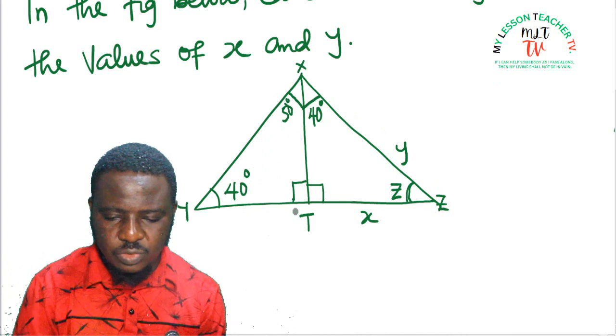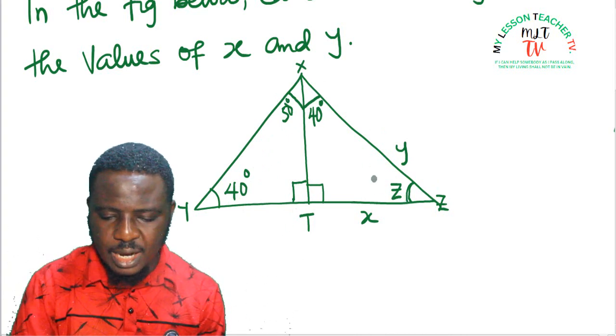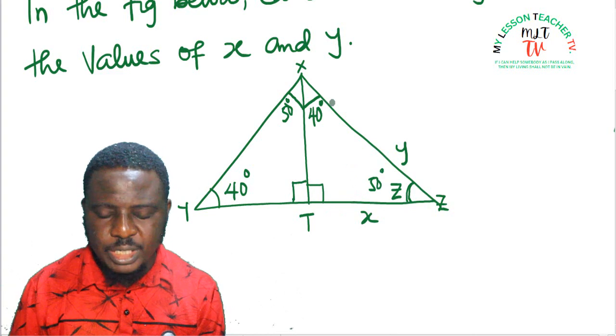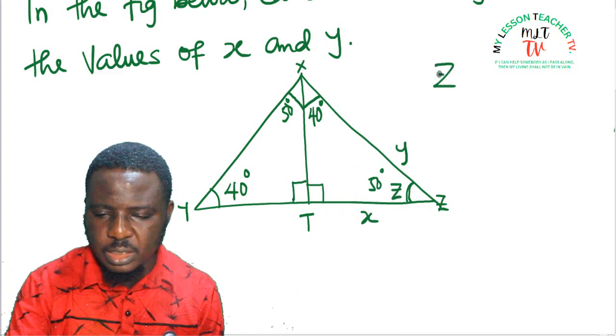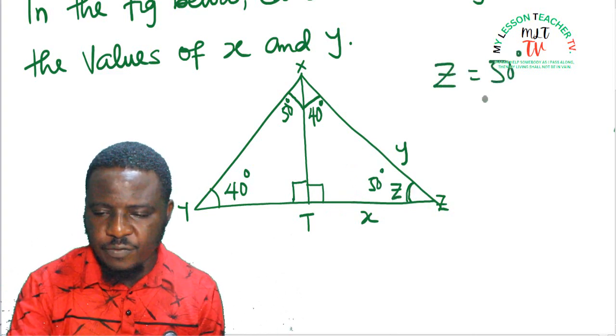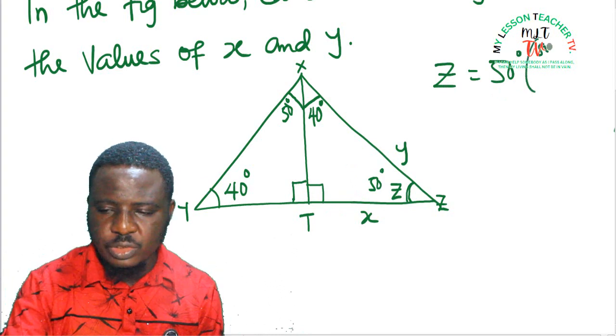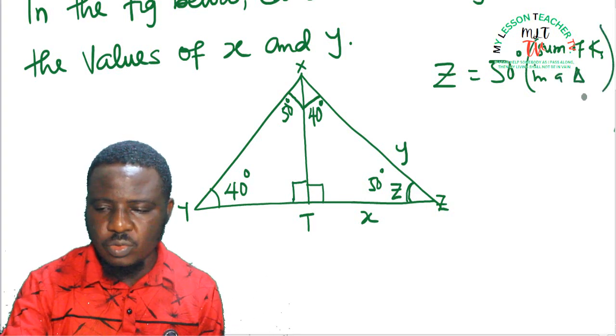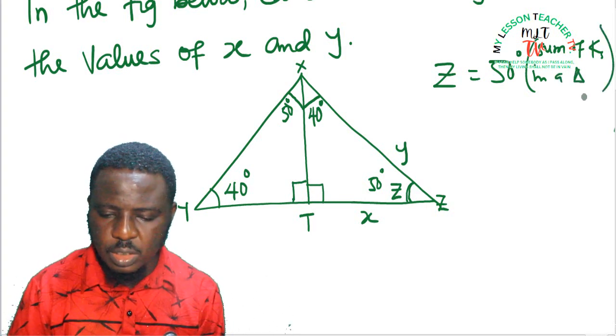And if this is 40 degrees, then automatically angle Z is 50 degrees, because the sum of angles in a right angle triangle gives us 180 degrees. So we have been able to get angle Z to be equal to 50 degrees. Reason: sum of angles in a right angle triangle.